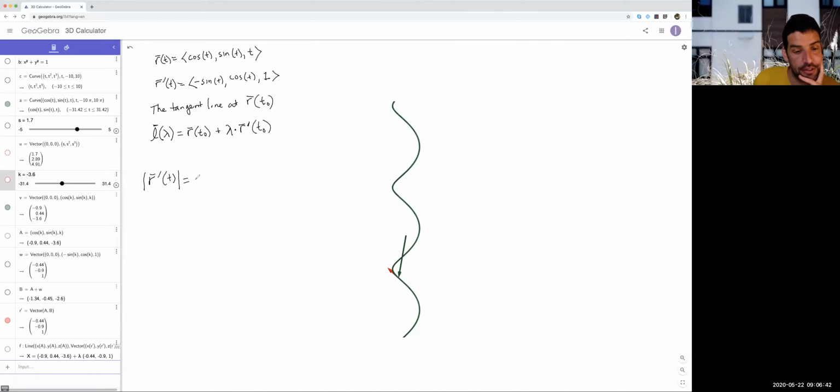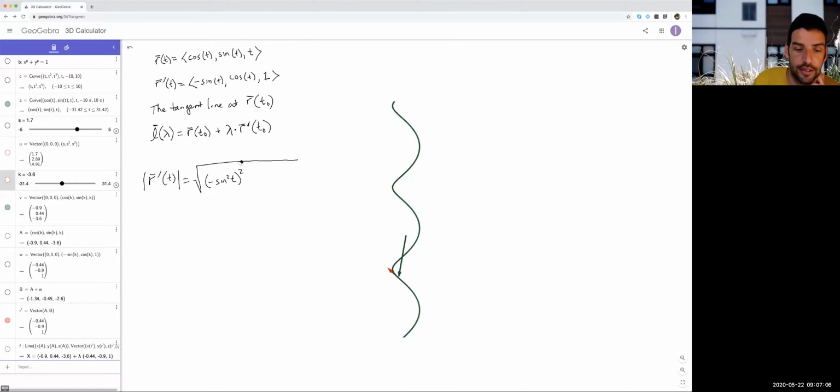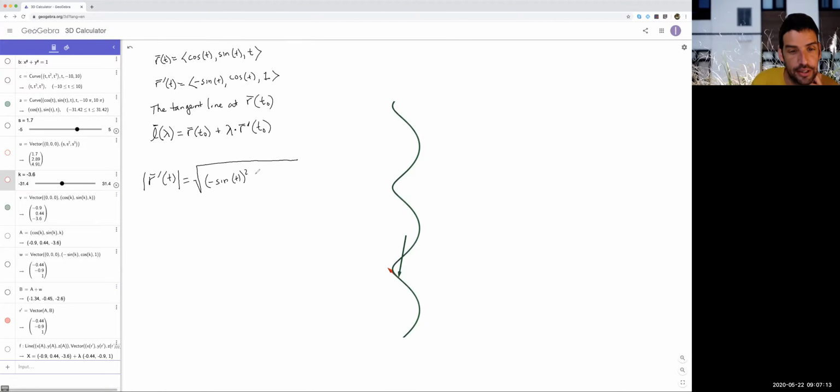The magnitude of r prime of t is the square root of, we take each component and square it: negative sine of t squared plus cosine of t squared plus 1 squared.